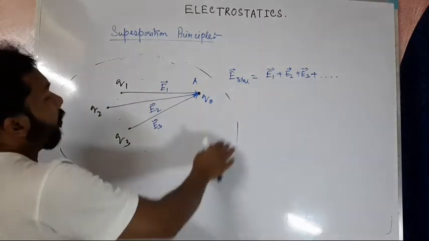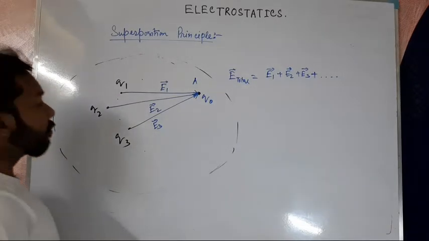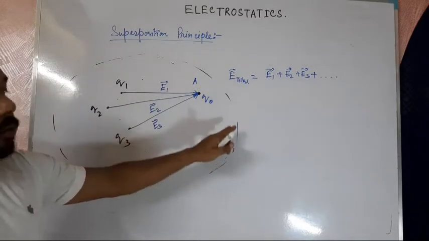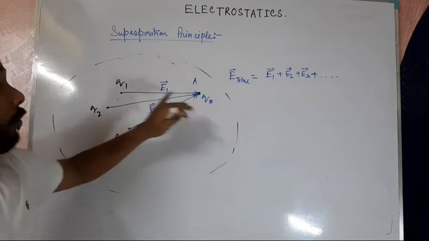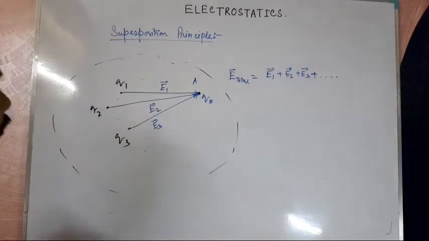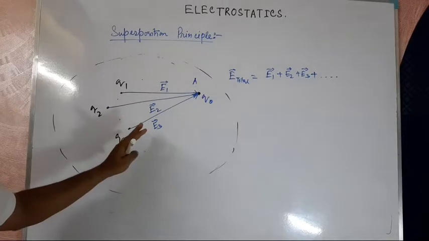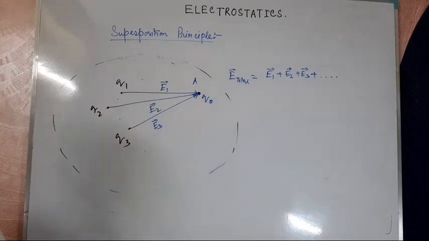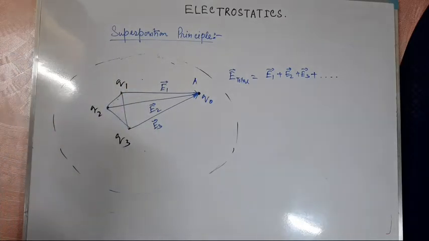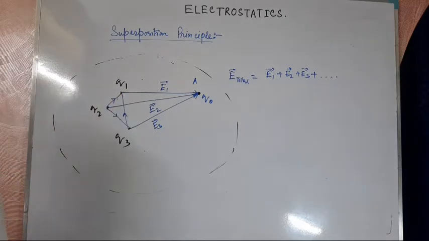So we just have to vectorially add all the electric fields that the source charges would produce individually on that very point where the other charges were absent. But now the other charges are not absent, they are present, in spite of the fact that they are also influencing each other, exerting forces on each other.